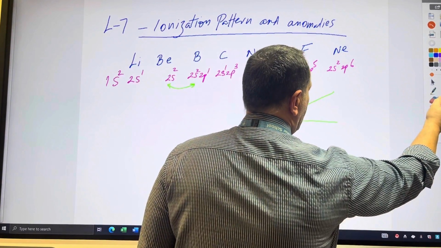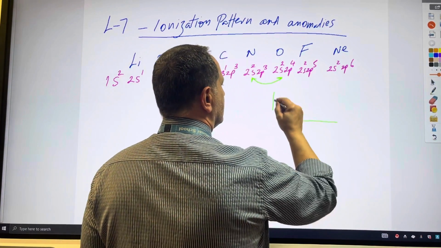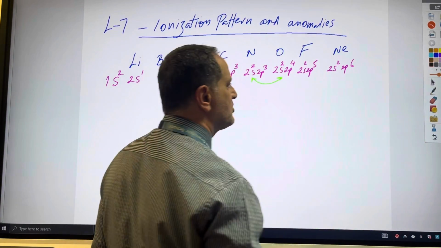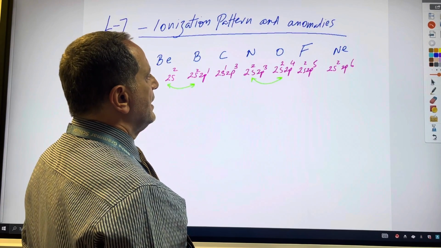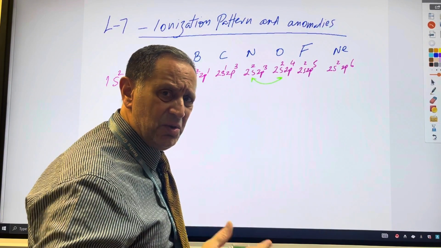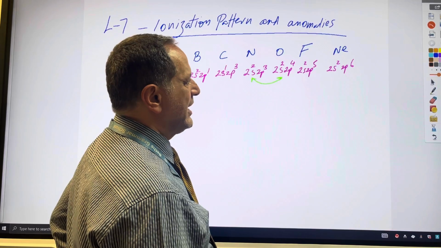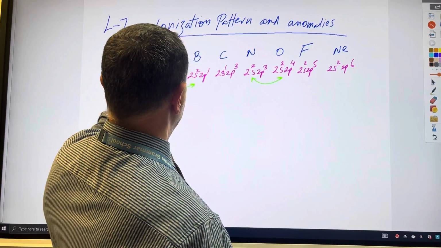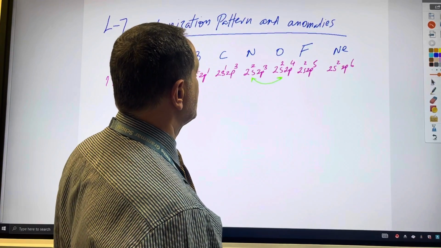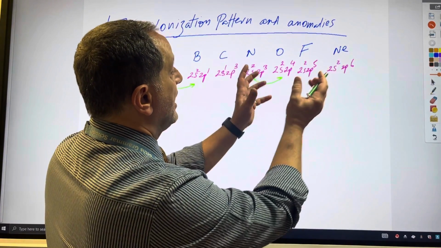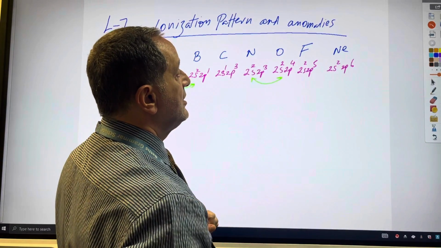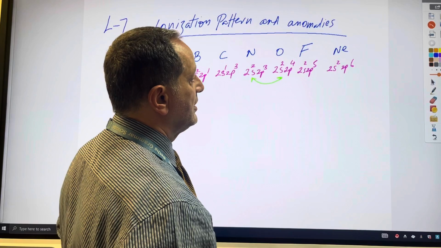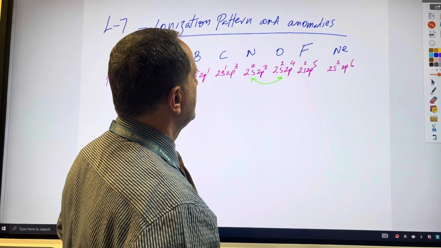Now, what we are doing now, if I get rid of that, and perhaps use a slightly darker color so it becomes more visible to all of you, is this: we understand the whole thing makes sense. This ascending trend in ionization is due to the elements becoming smaller and smaller, the electrons in the outer shell getting closer and closer to the ever more positive nucleus, because it's got more protons in it.